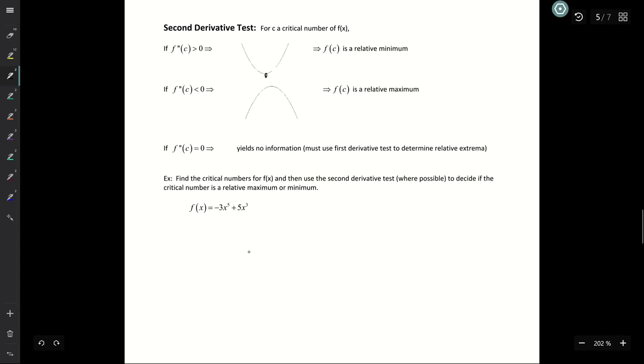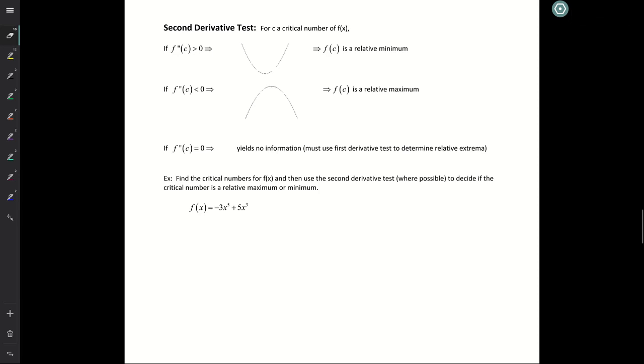Essentially here, your c value would be down in here somewhere, and if you have concave up behavior there, that's going to be a low number. Same thing, if you evaluate your second derivative at that critical number and find you have concave downward, that means that critical number is going to create a high point. So it tells you something about relative max and mins.